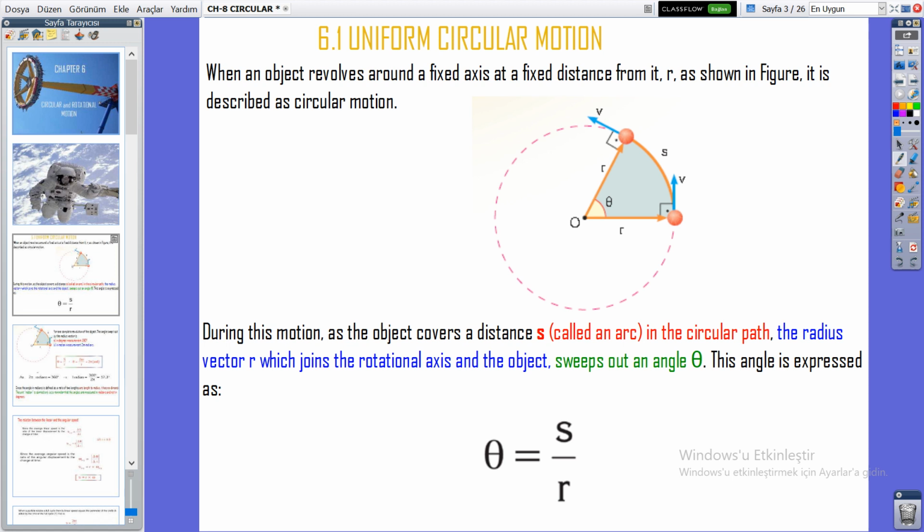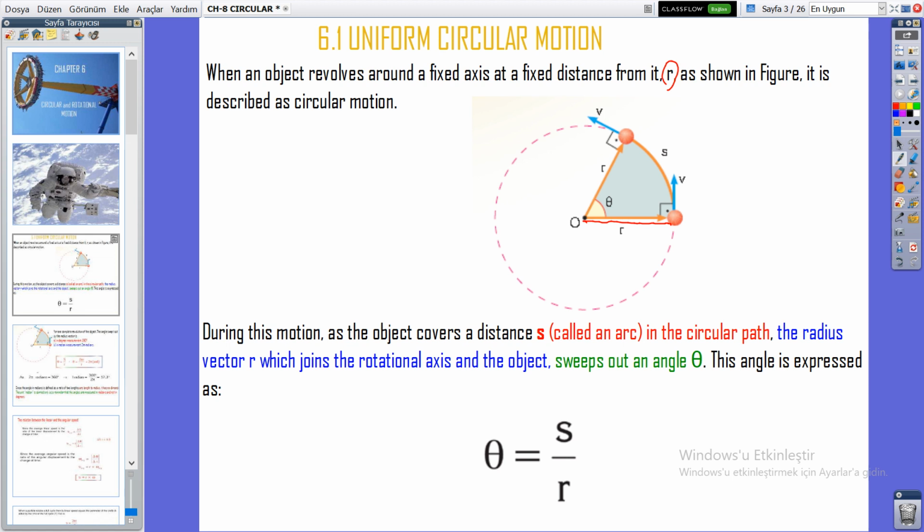Circular motion is when an object revolves around a fixed axis at a fixed distance from it, and it has a radius, and it looks like this. R means radius, from the center point to the surface.